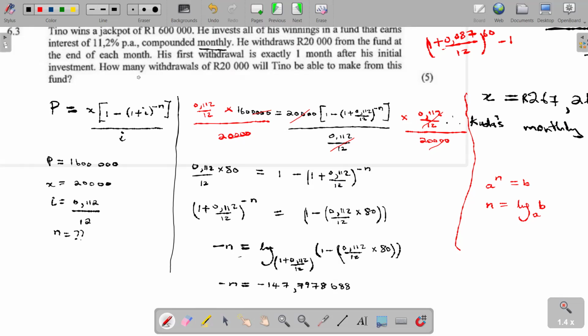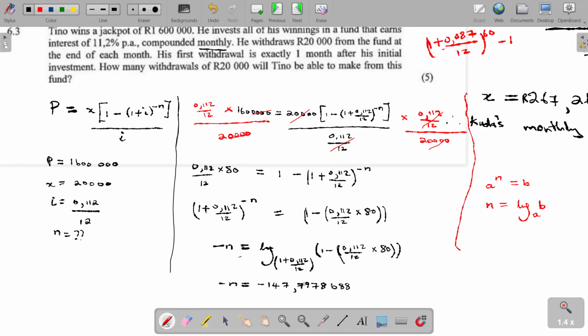But let's go to the question. It's saying how many withdrawals of 20,000 would Tino make? So in this case, we have got 147 withdrawals of 20,000. The last withdrawal is less than 20,000, so in total we are having 148 withdrawals.